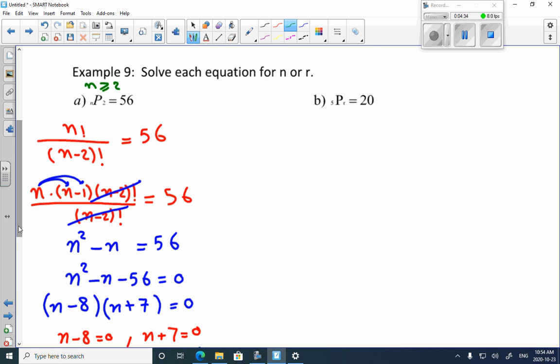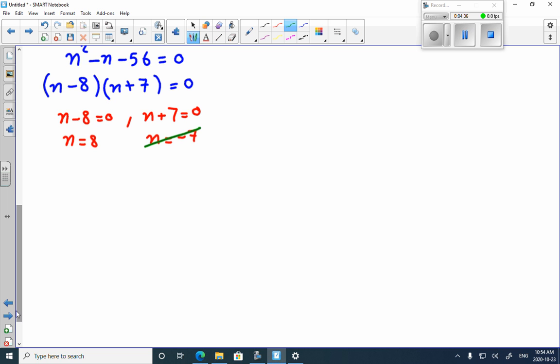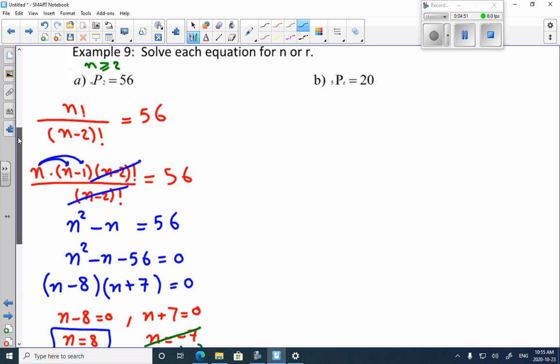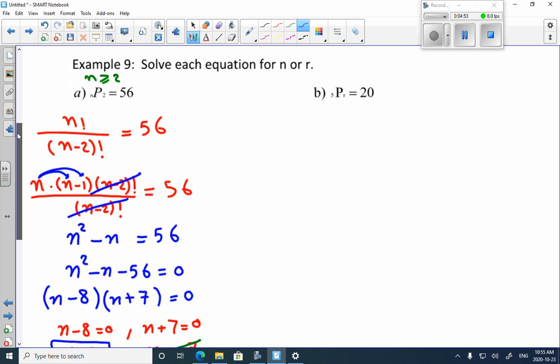It is impossible for n to be less than 2. So n equals negative 7 is rejected, and I have to show that in my answer. The only valid answer here is n equals 8. This is the kind of question where you have to use the expansion to get the value of an unknown variable.